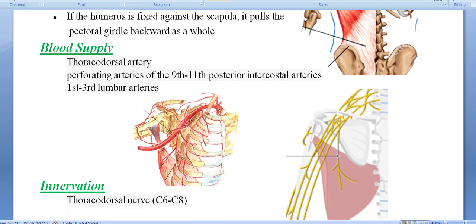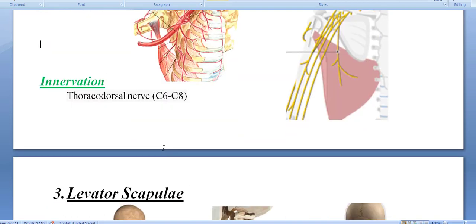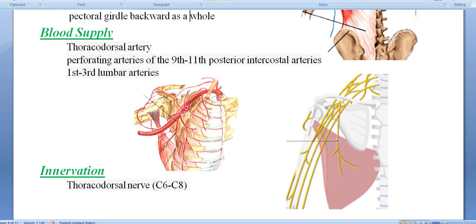What is the blood supply of the latissimus dorsi muscle? It gets its oxygenated blood from the thoracodorsal artery, the perforating arteries of the 9th, 10th and 11th posterior intercostal arteries, and the first, second and third lumbar arteries. And what is the innervation?